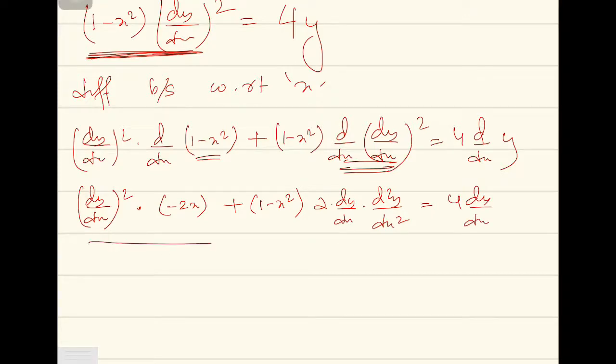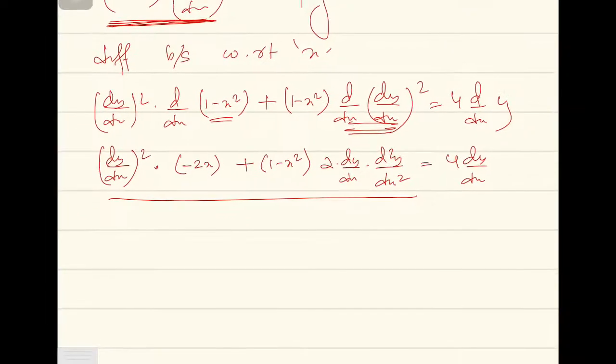And 4 dy by dx. Clearly from here I can take out dy by dx common. Can I do that? So take out dy by dx common, and I am left with minus 2x. Not only dy by dx, sorry, but I think I can also take out 2 common, because 2 dy by dx is common. So 2 dy by dx out, and I'm left with dy by dx here, one more, and then minus x.